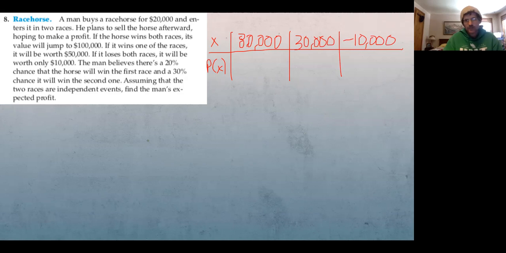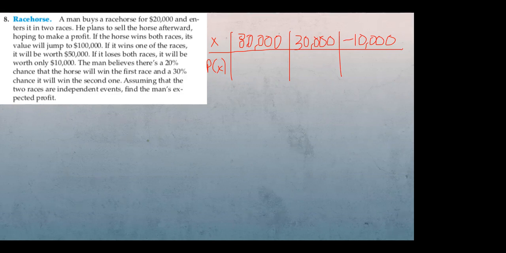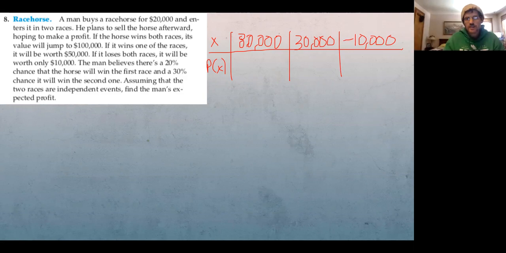Okay. And just to make sure it's clear, where does the 20,000 come from? The amount he spends on the horse. There you go. That's a sunk cost right now. We're going to have to subtract that from whatever winnings we get. So there we go. If everyone's good, those are the 3 outcomes.